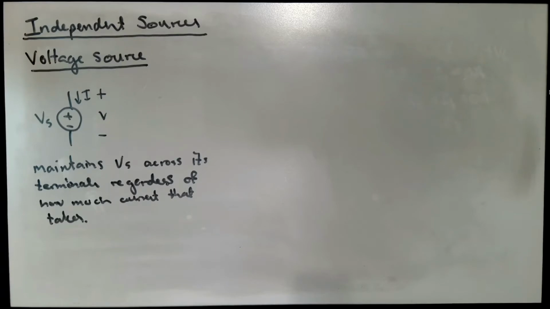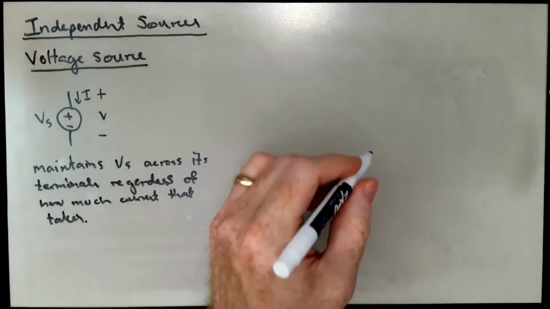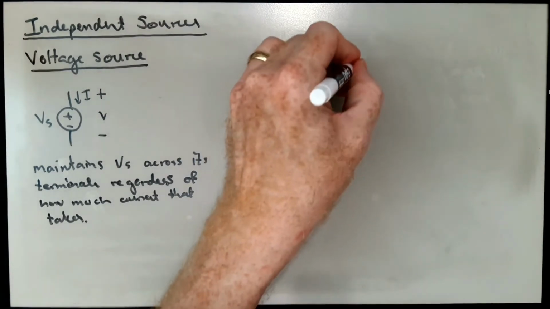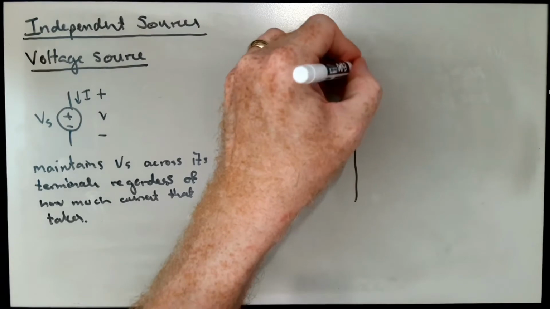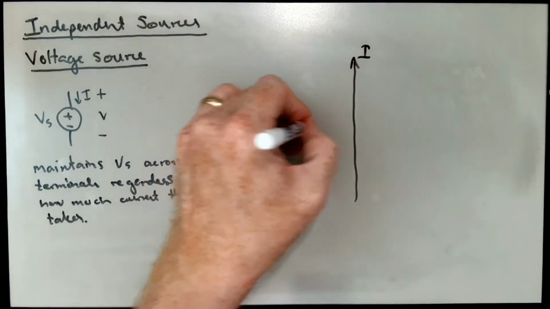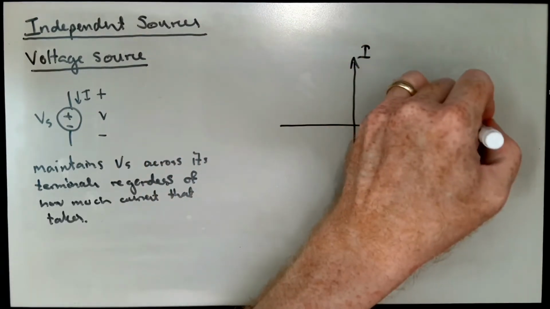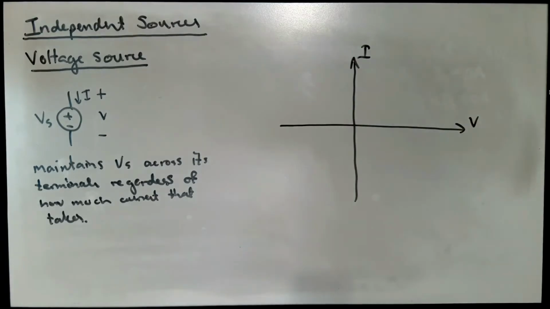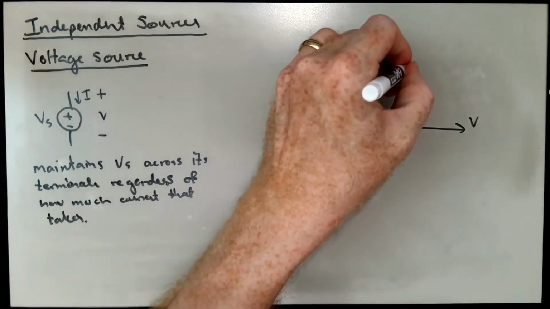But here we're dealing with a sort of mathematical entity. And it's customary for us to think about these things on what's called an IV plane. So we plot the current as a function of voltage here. And for an ideal voltage source, the IV plot is going to be a vertical line at whatever Vs is.